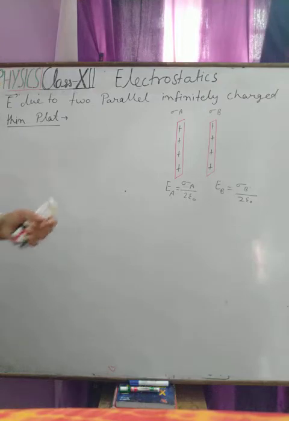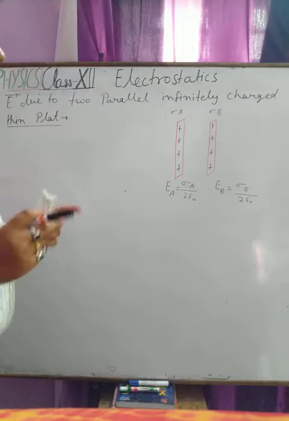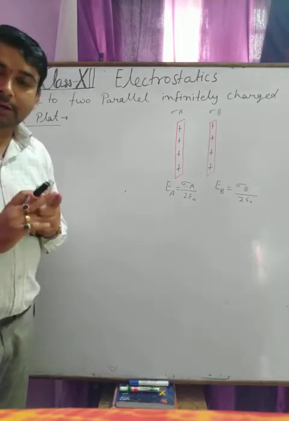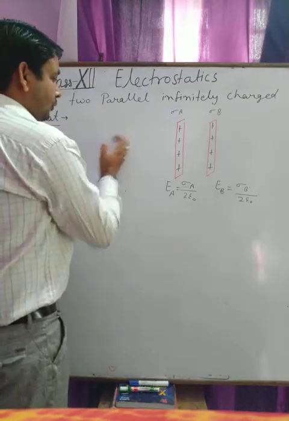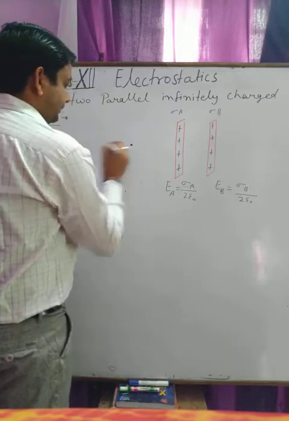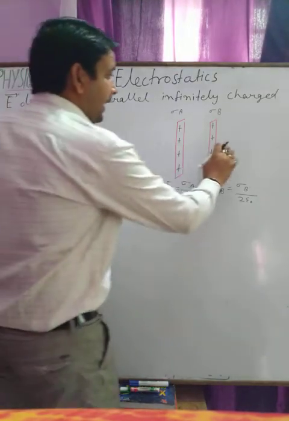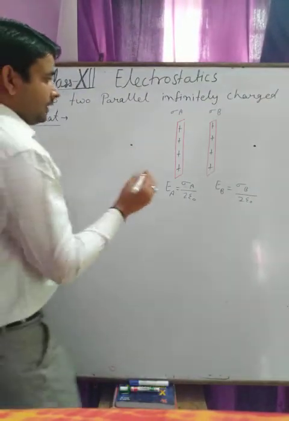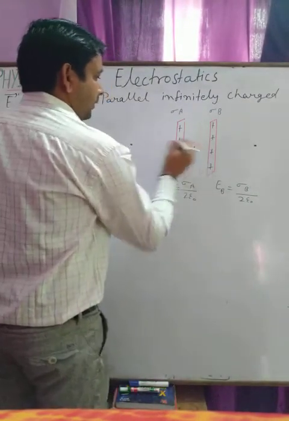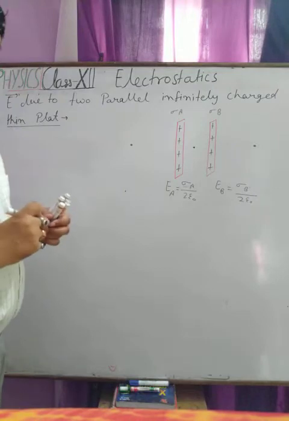Now for these two plates the electric field can be calculated at 3 points. One left to the plate A here, one right to the plate B here, and one in between the two plates. Okay. Now we find the condition.